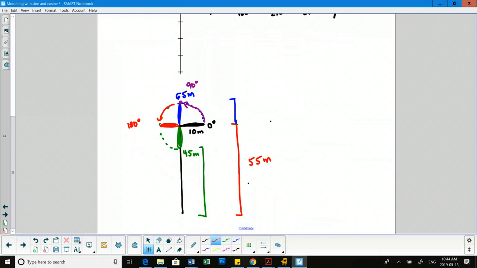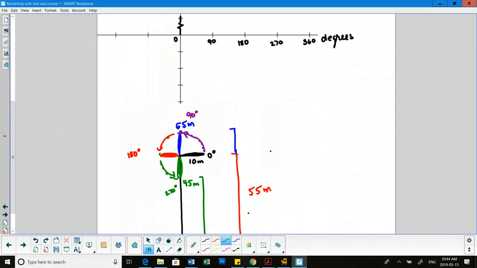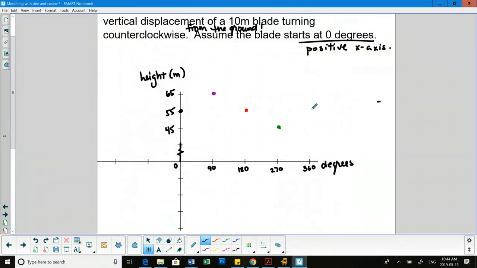Then once we rotate around to the green blade, we've now rotated 270 degrees. What's the height of the, yep, very good. So we're at the min now. And then back up to the starting position. So a full 360 around, and now we're back at a height of 55. So there is the path of the tip of our windmill blade from the ground.